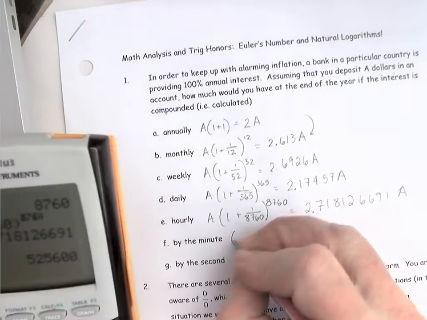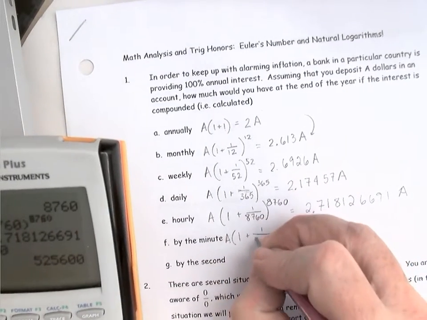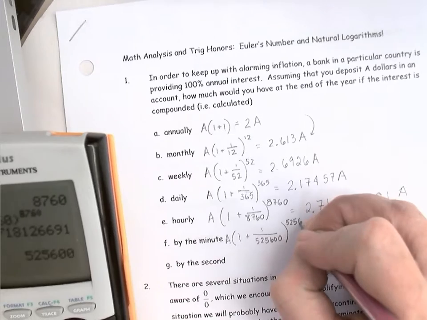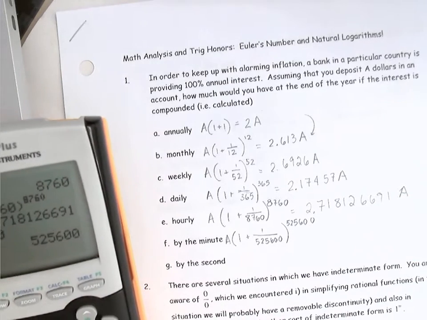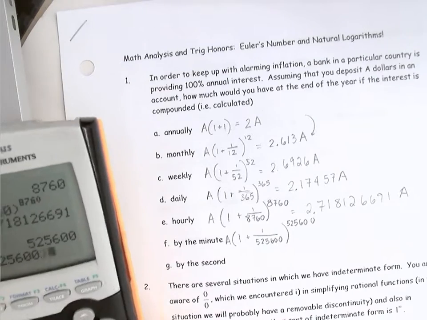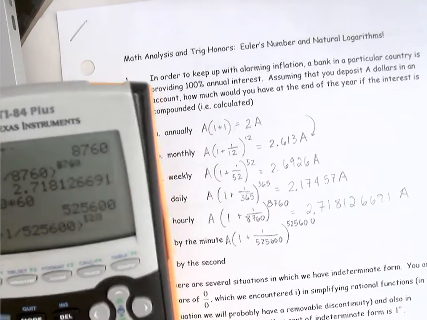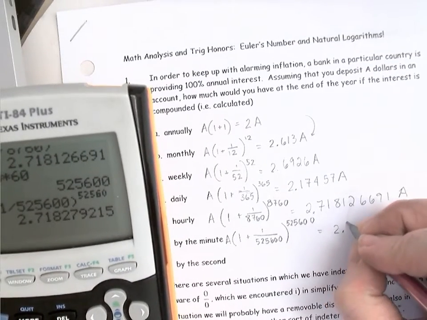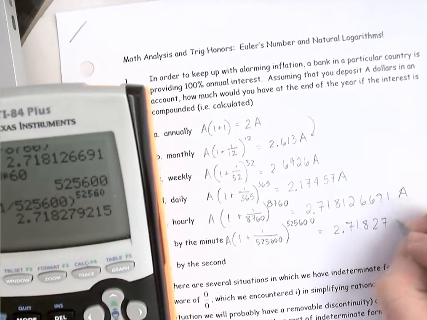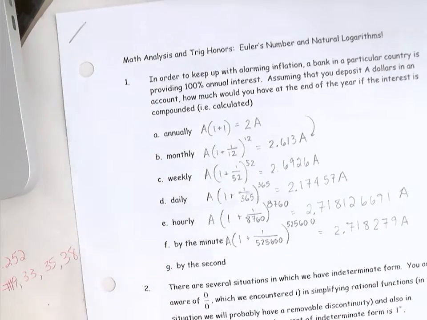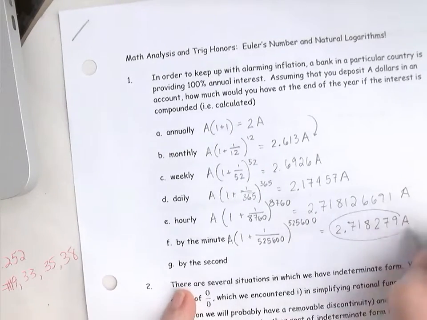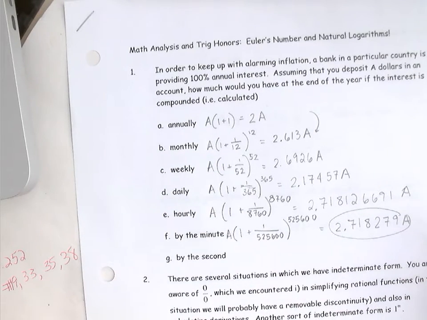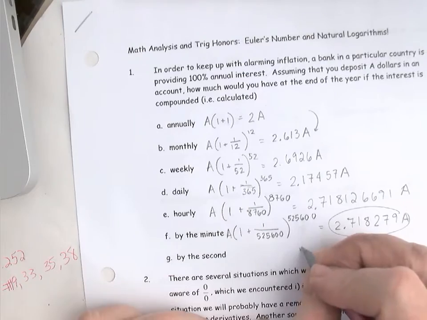So this becomes A times 1 plus 1 over 525600 to the power of 525600, which is going to give us 2.718279A. And at this point, you are getting the idea that this multiplier isn't changing a whole lot. It's getting very close to 2.718 something, something, something, and that is, in fact, what e is.